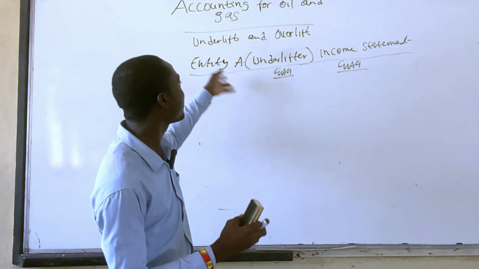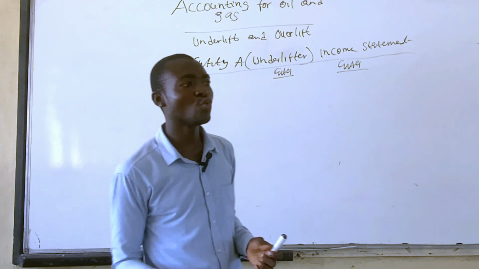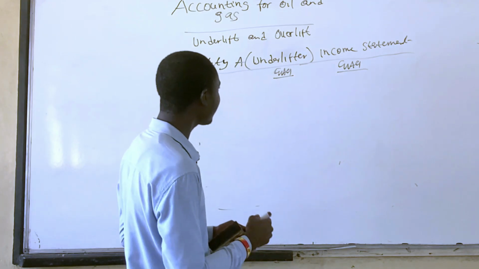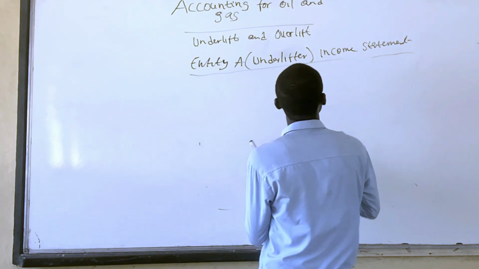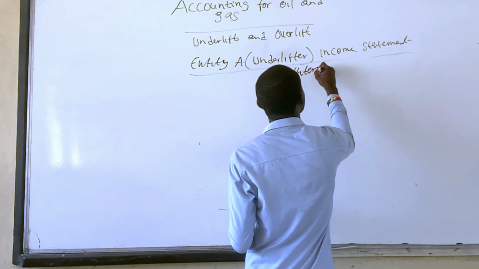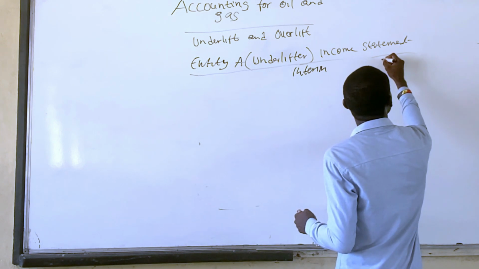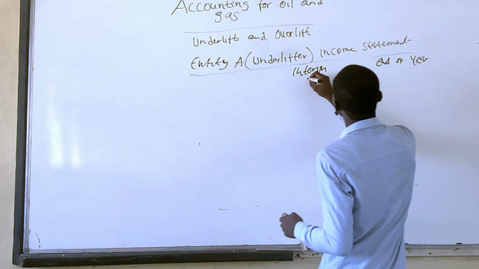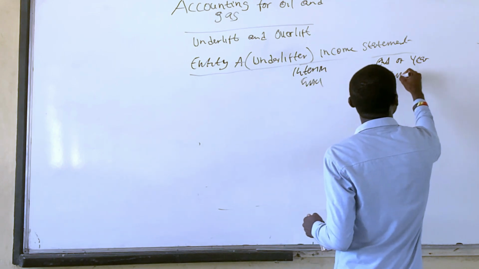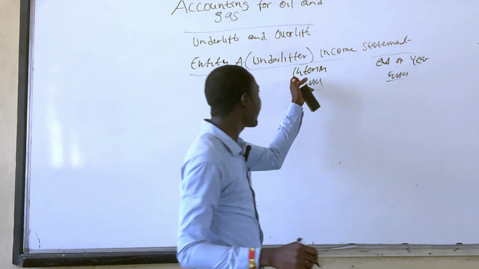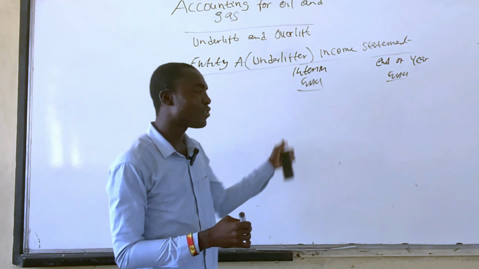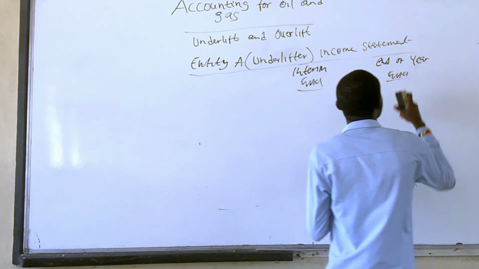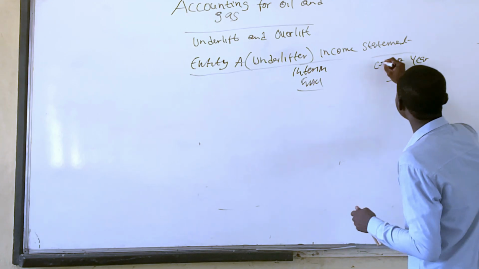So our concentration will be on entity A since we are required to prepare the income statement and the balance sheet for entity A. The revenue will refer to the values at the transaction date, and the end of the year will refer to the values at the end of the year.